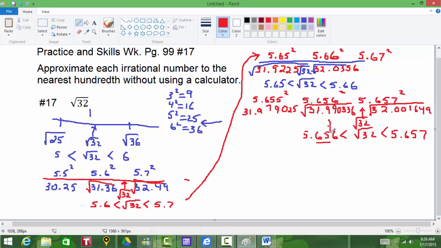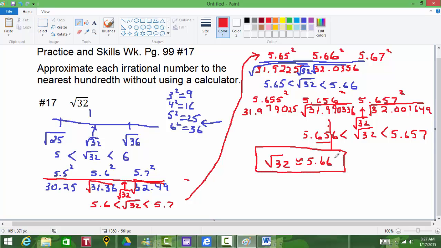If you cut it off right here, I take 5.65 and I have a 5 or more. So we would get 5.66 as our approximation for the square root of 32. And we get our answer like that.